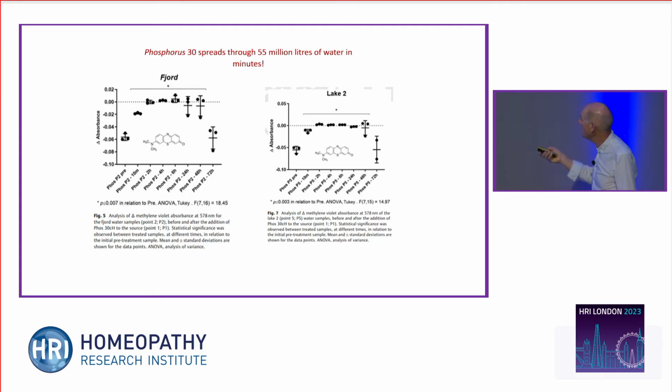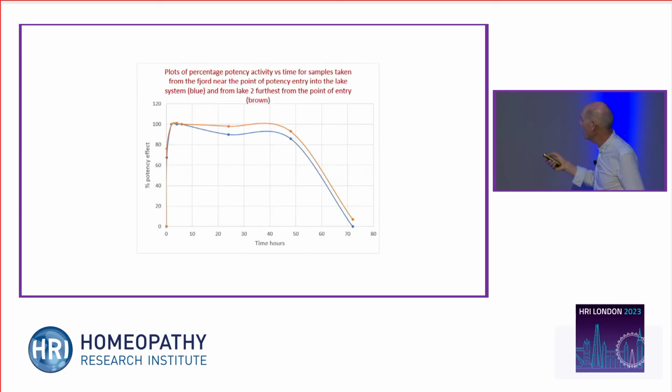If you just plot out the data, and there aren't many points because the experiments weren't designed to be plotted out in this way, you can see that basically the entrance to the lake system and the last lake in the system become phosphorus 30 almost at the same time. So there's a very rapid increase in potency action, a plateau, and then a slow decline.